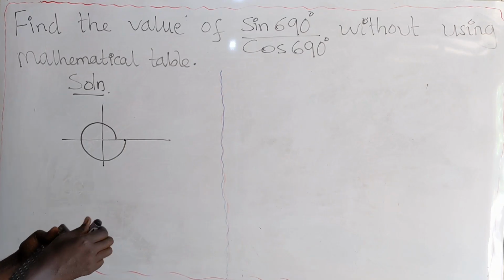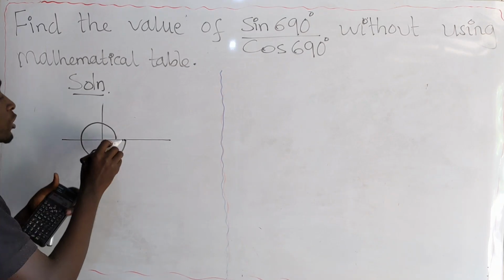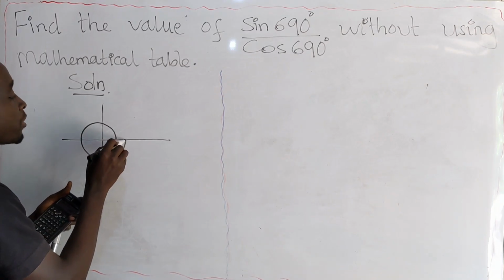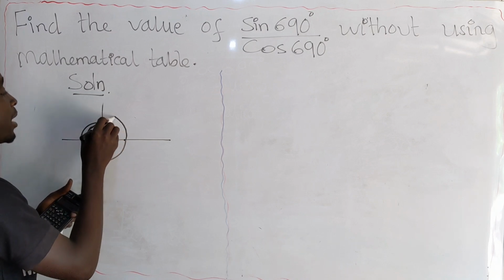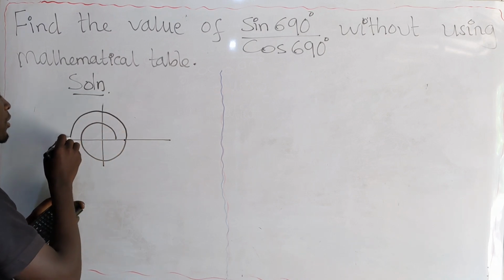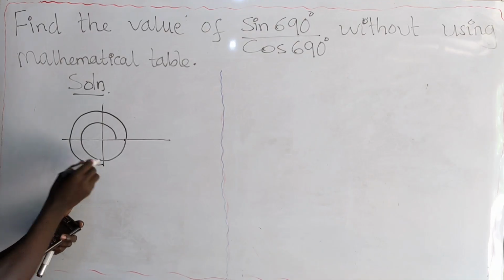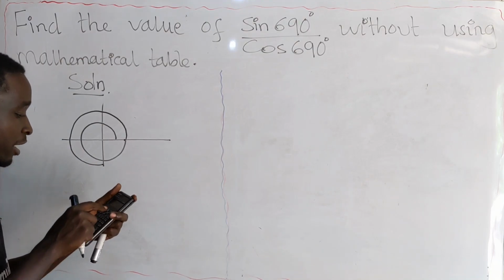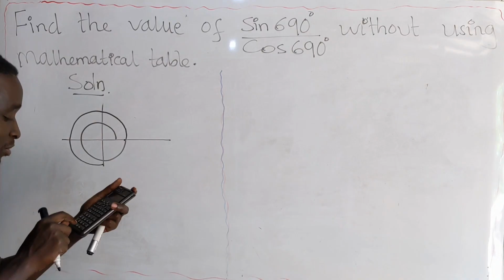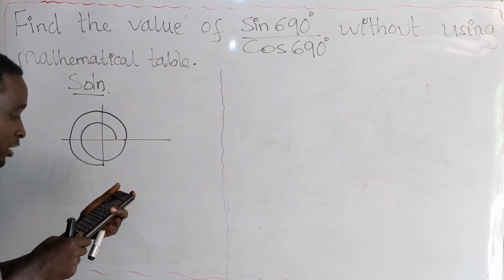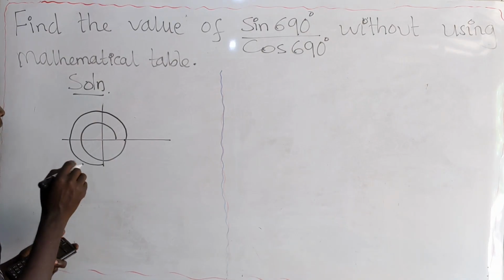It means that after this full turn, we go again from here up to here, 180, and up to here we've added 270. Now, what are we left with? When we take 330 minus 270, we are left with 60 degrees.